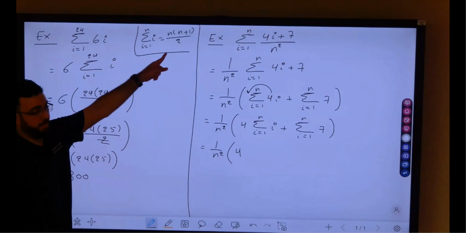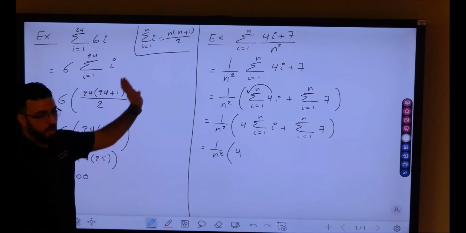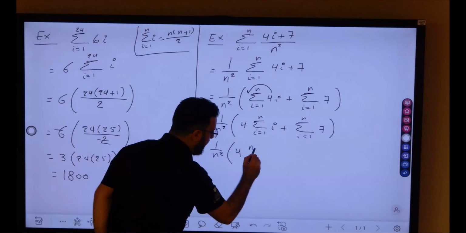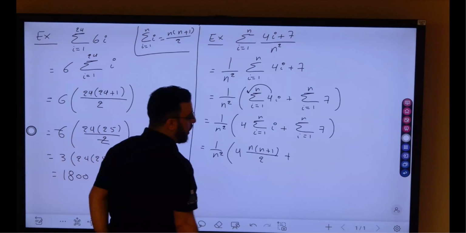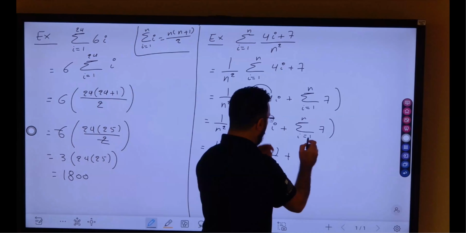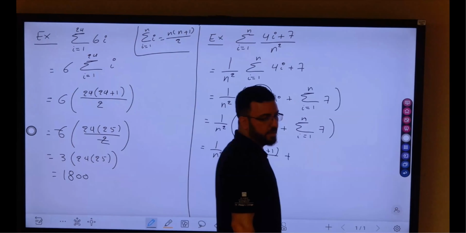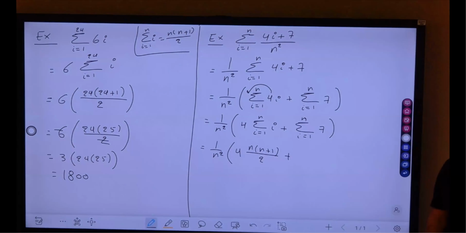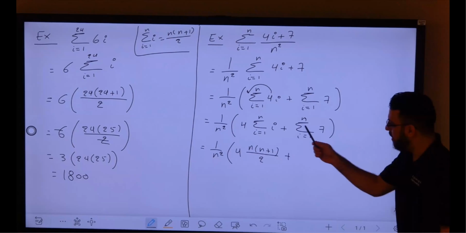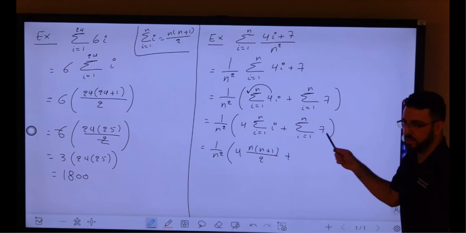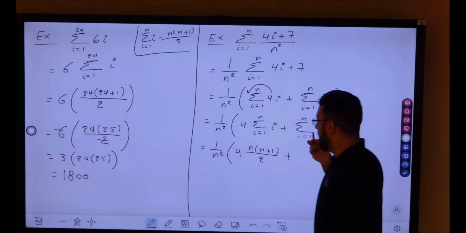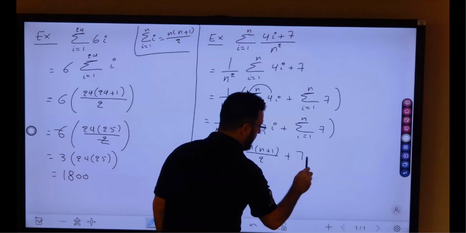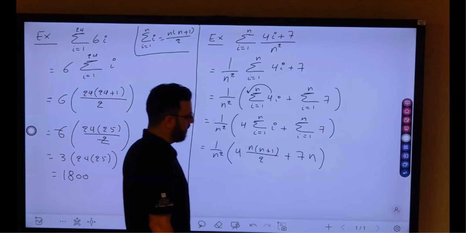Same thing here. So I'm just going to plug in n plus 1 divided by 2, plus. What's the summation from i equals 1 to n of a constant? c times n. How much is c? 7. So it's going to be 7n.